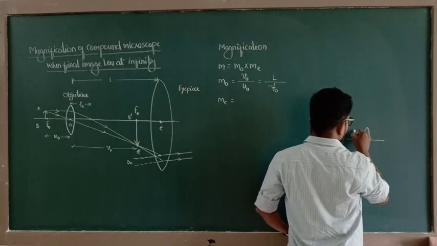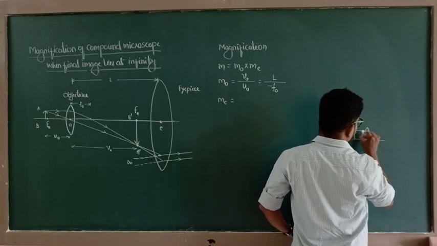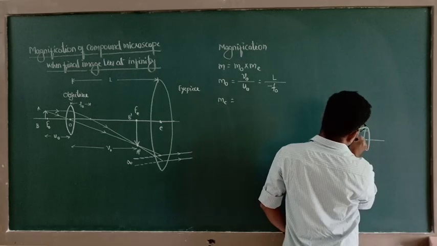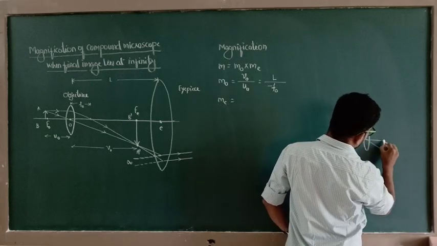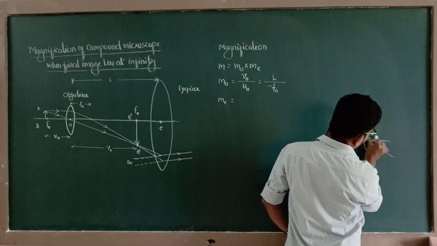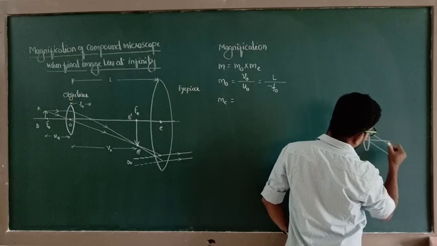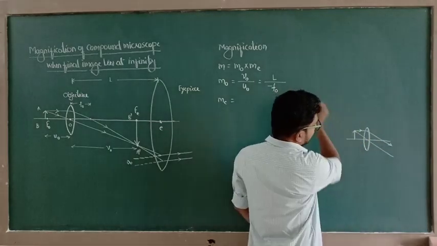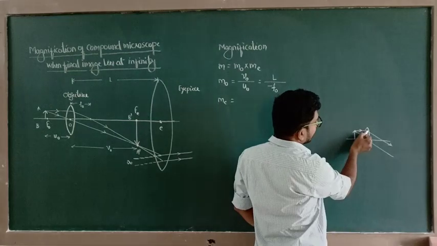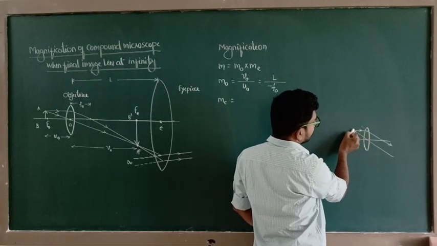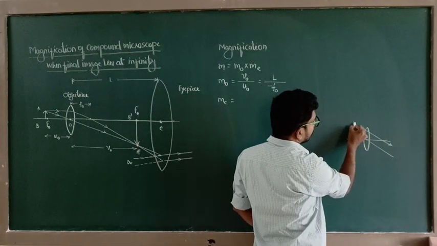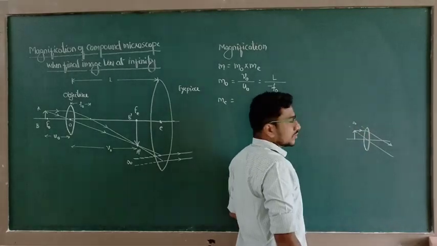A light ray parallel to the principal axis and a light ray passing through the optical center, after refraction, give a parallel light beam. Proceeding these two light rays, they meet at infinite distance.